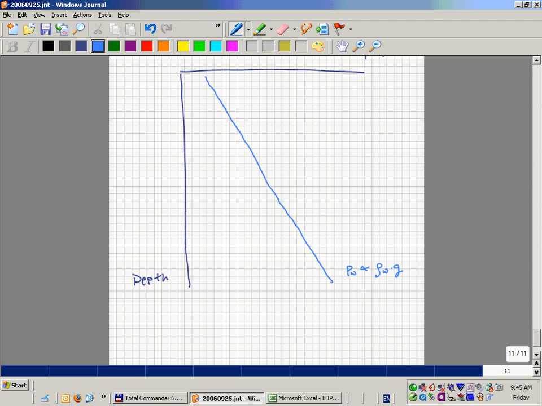Also for the oil, but a different slope. And that's the pressure of the oil. This, as we talked about before, is what we call the water-oil contact. Sometimes it's written oil-water contact. That is where the water pressure equals the oil pressure.